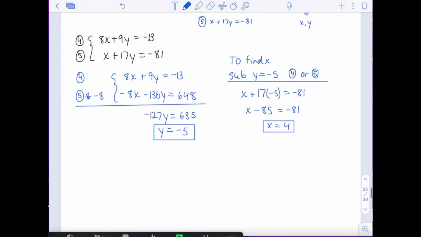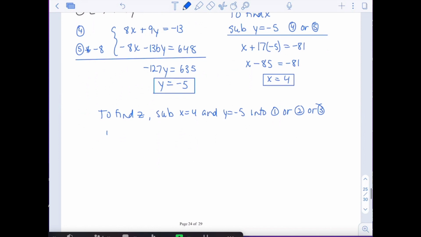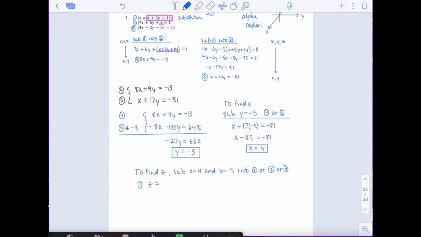Okay, now to find z, I'm going to sub x equals 4 and y equals negative 5 into 1, 2, or 3. But I think it's pretty obvious that 1 is the easiest one because that was the one that was isolated already.